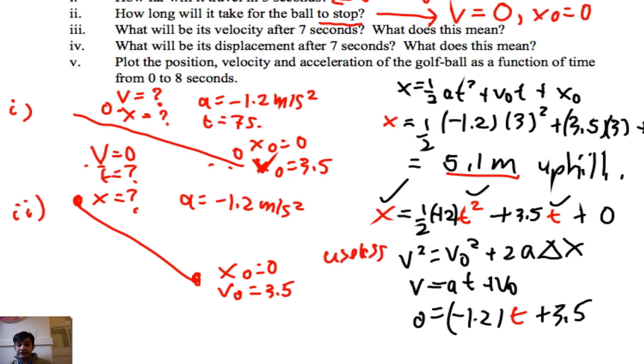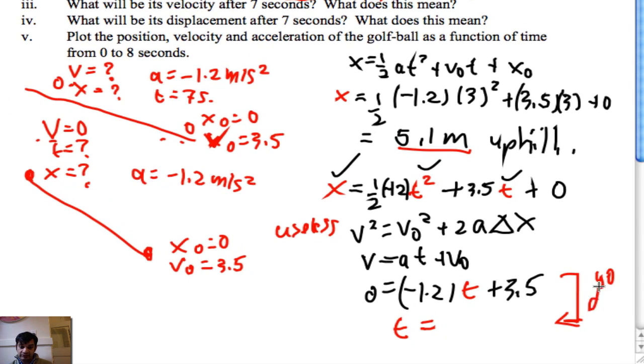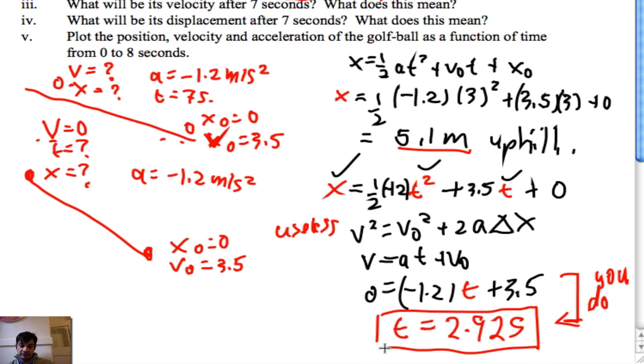So now you need to do this algebra and solve for t. I do not do algebra because we are watching the video, so you need to do a little bit of work. When we get time, it will be 2.92 seconds. Excellent. All right.